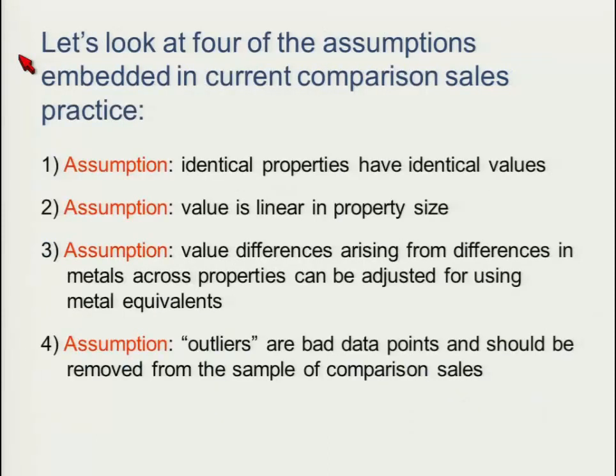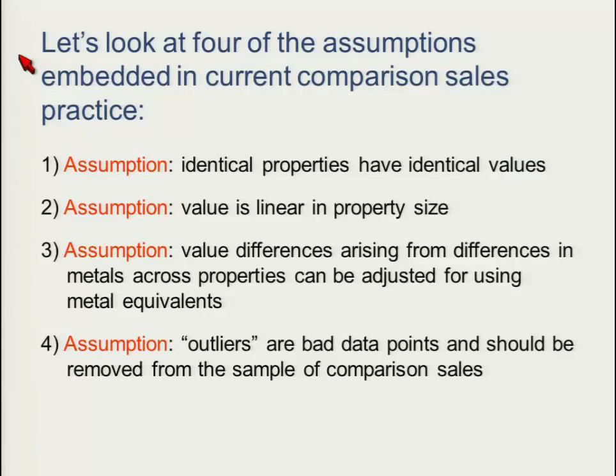So let's look at 4 of the assumptions embedded in current comparison sales practice. There are many assumptions. I just picked 4 because I only have 15 minutes. If I had an hour and a quarter, I could have done more. But here's 4 of the big ones. First of all, in comparison sales, the assumption is that identical properties have identical values. That is the assumption.